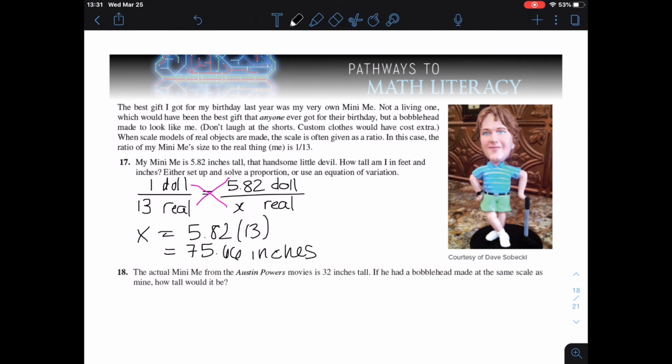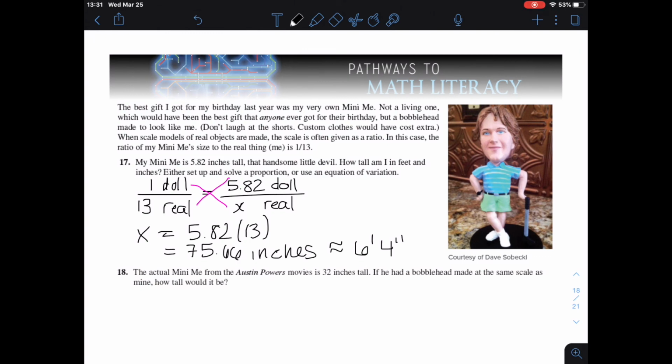So the real person is 75.66 inches tall, which is about 6 feet and 4 inches. I think that's the right notation. But basically the idea is I took my normal size, I divided it by 13, so I scaled it down by 1/13. So I just had to multiply the doll's height by 13 to get back to my original.